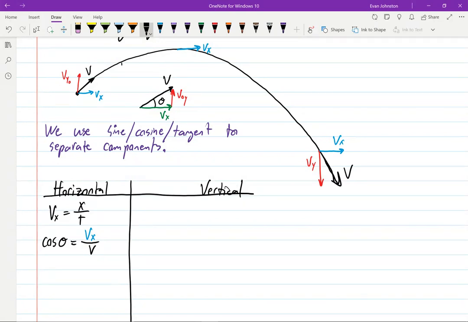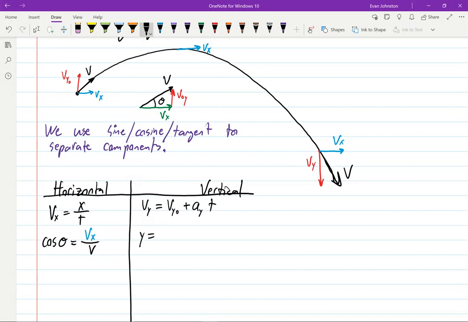Gravity's pulling down on this thing at every single point along the way. And so we still have all those same equations. So we have Vy, and I'm changing it from your equation sheet from x's to y's. Our final velocity is our initial velocity plus the acceleration times time.